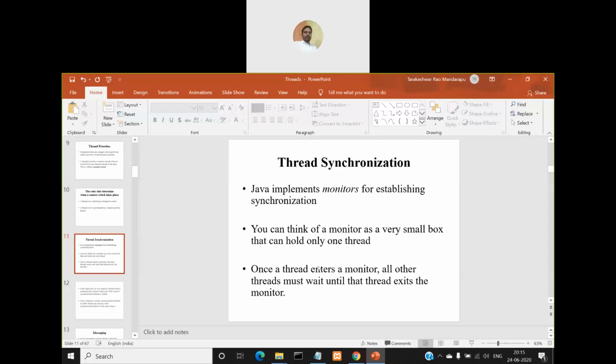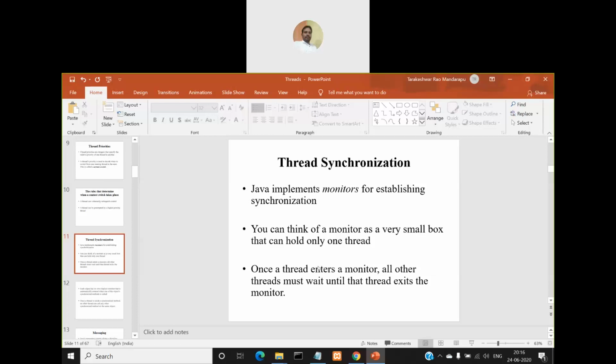Say for example, then at this point of time, if I'm trying to purchase something online, assuming that I have 10,000 balance in my account, at the same time I'm purchasing something online using that account.